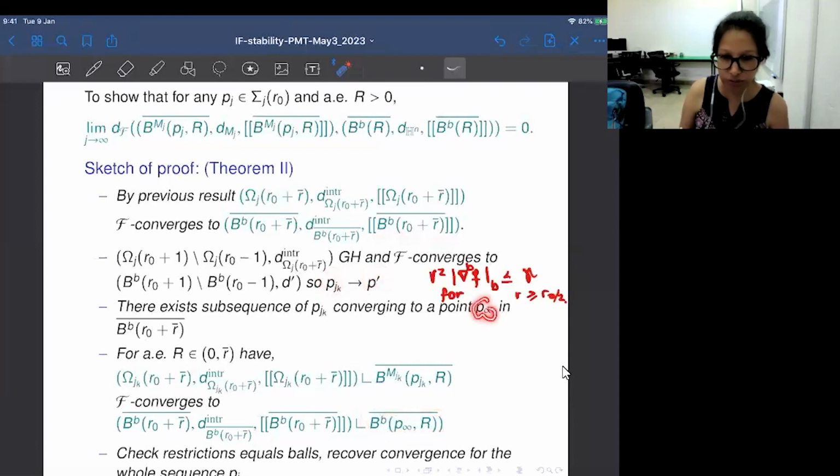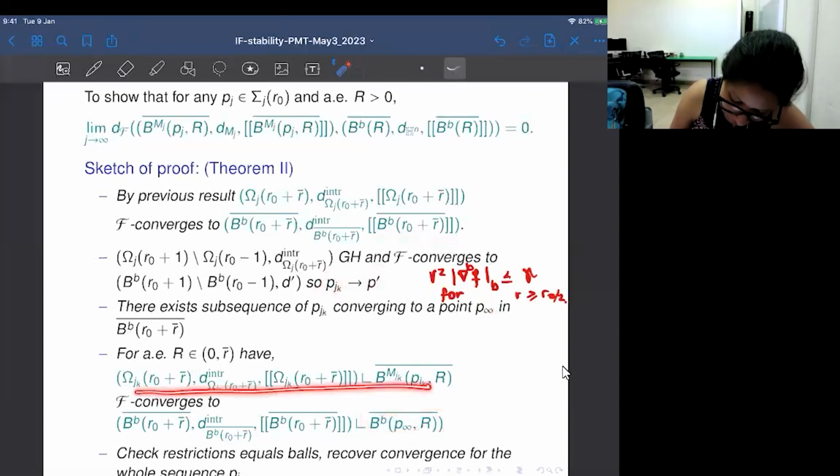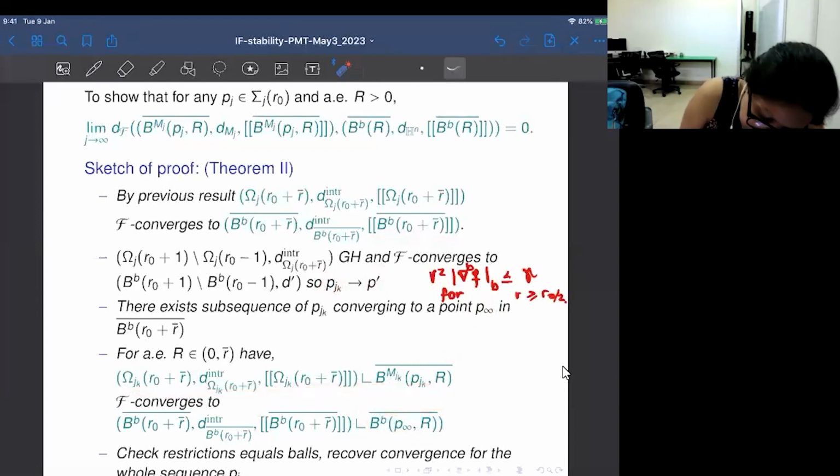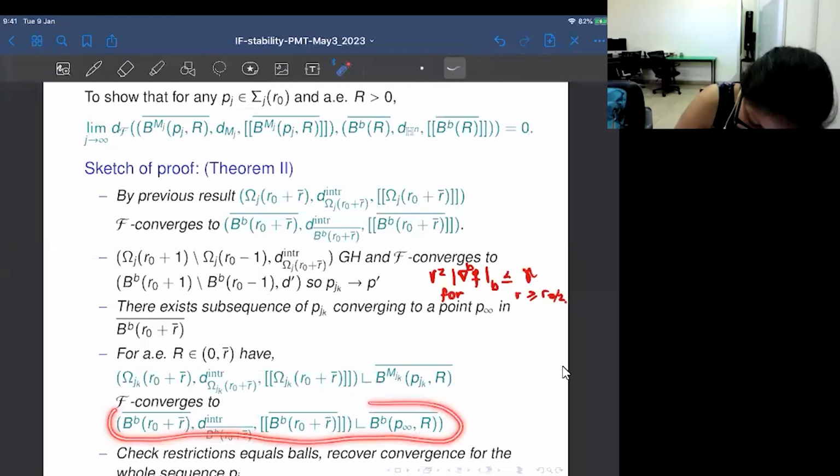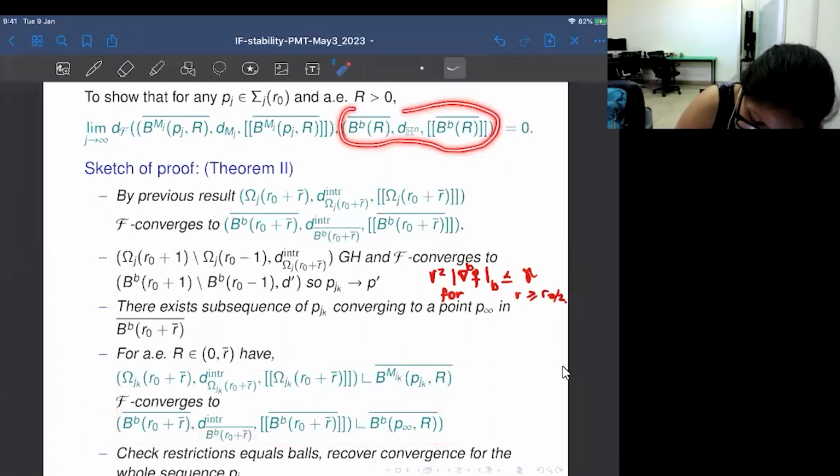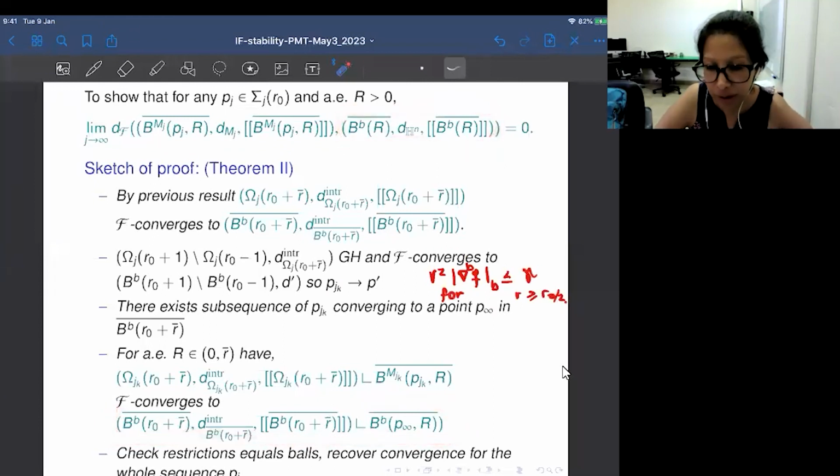Okay, and once we have this, we only need to check that these restrictions are actually this current. Okay, and then we have our theorem.